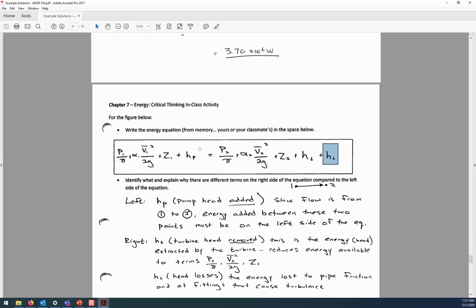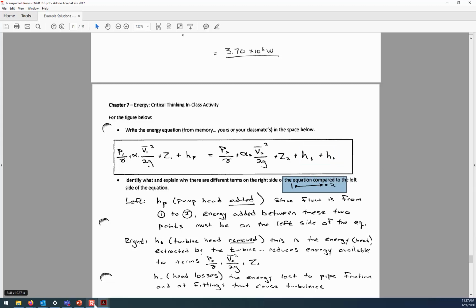So it's important when you're writing the energy equation that you don't accidentally switch the pump and the turbine terms. The pump term belongs on the left, and the turbine and the losses term belongs on the right, because turbine and losses remove energy as the water's flowing from 1 to 2.